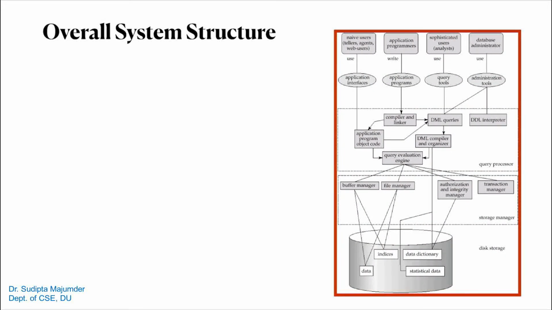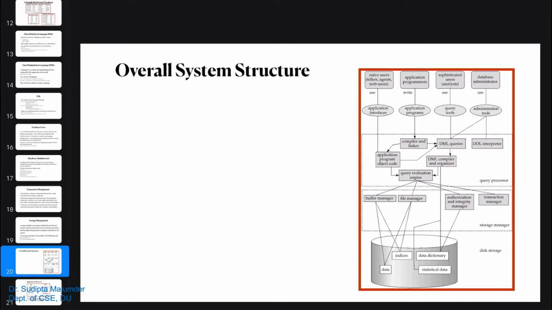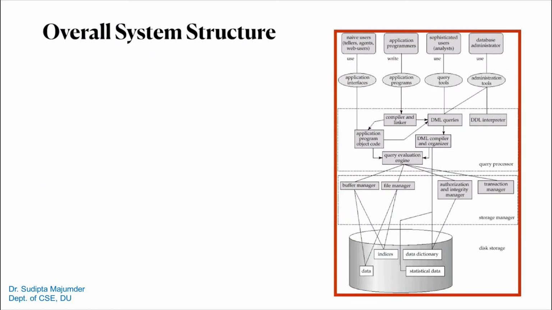This is the overall structure of the database. Here we can see the disk part. Then we have the storage manager. Then we have the query processor. Then we have various types of users. In the disk storage, various strategies are there on how to store the data in the database. There are various managers in the storage manager for different purposes.